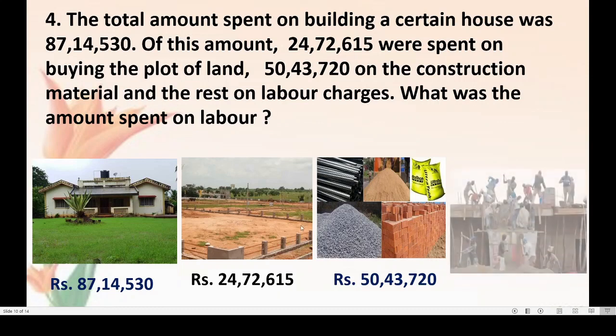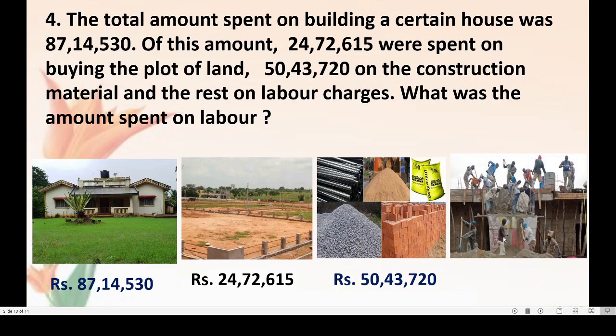He used all these materials and he constructed the house on this plot. Okay. And how much amount? These are called labors. How much amount he spent on the labors who helped him to construct this house? We have to find out. Right? So this amount we have to find out. Now dear children, see this.